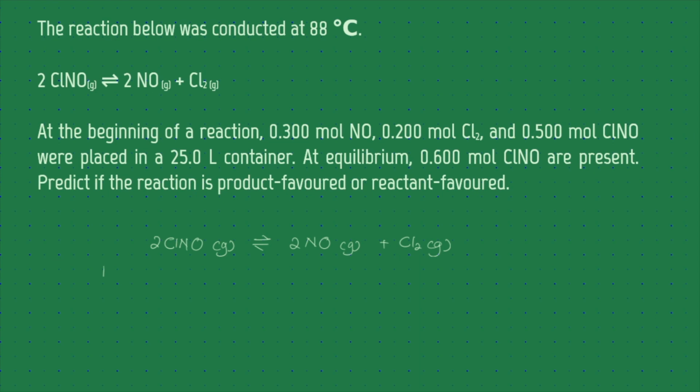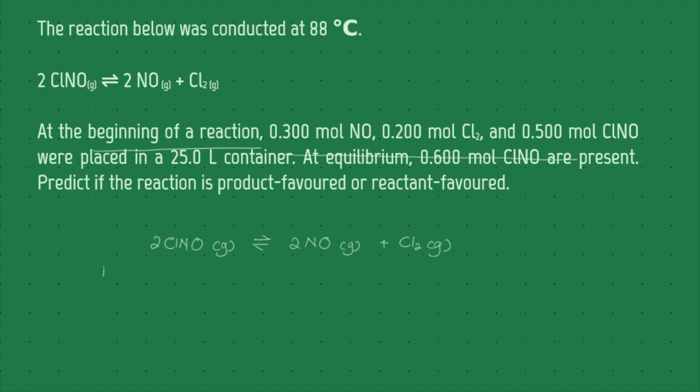In order for you to predict whether it is a product favored or a reactant favored reaction, you need to calculate your QC. So in order to calculate your QC, you need to calculate the initial concentration. Given in the question at the beginning of the reaction, these are the variables.